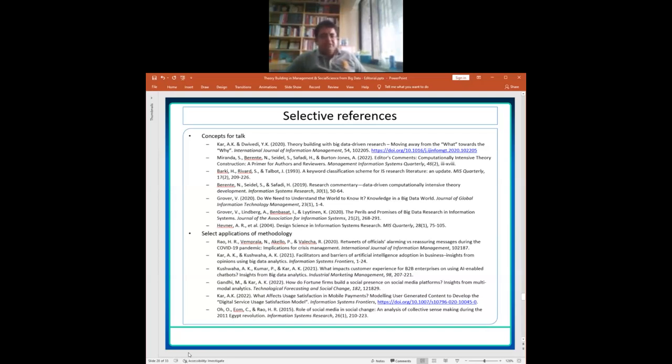You should go through these articles so that you get a detailed understanding of what big data driven research should be like. And if you're looking at applications of these approaches, you can see many of these are our studies itself. For example, Professor H.R. Rao produces a lot more papers surrounding similar kinds of methods.